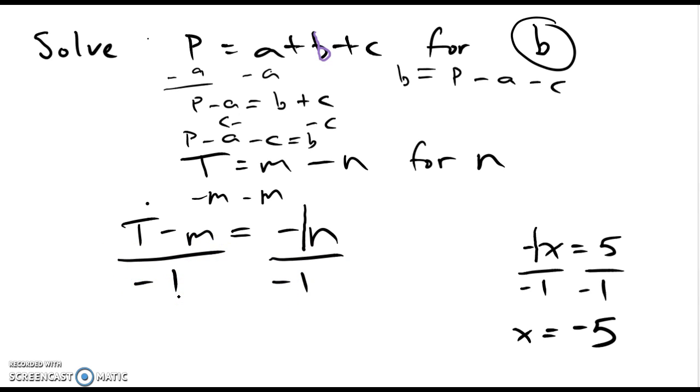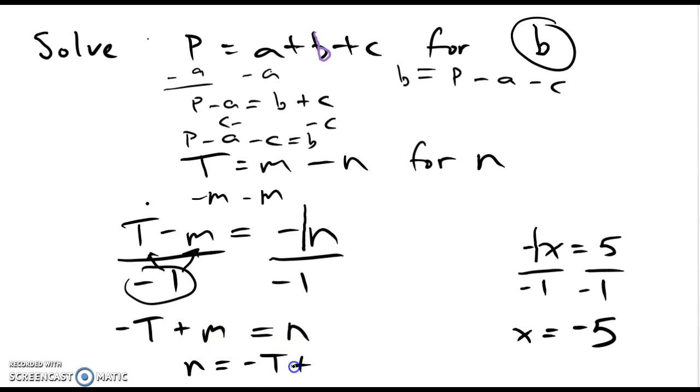So we wind up with n is equal to, now what's happening is this negative 1 goes with both of these. So the signs for each term up here are going to change. So you wind up with negative t plus m. So n is equal to negative t plus m, or you can write it as m minus t.